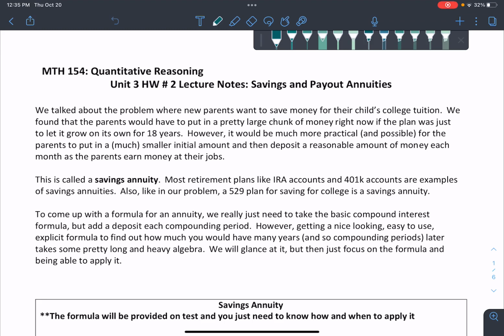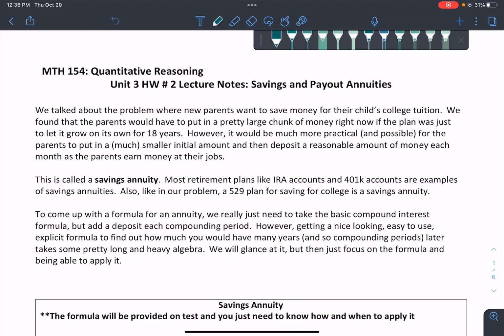What we're going to explore today is annuities, which is a type of situation that's different, and this is going to feel a lot more natural, because in most situations, when we want to save money, we don't actually have the ability to put all the money away at one time and then watch it grow, right? Like if our child is going away to college and we want to start saving now, we may not have all the money saved that we want to put into some sort of compounded account.